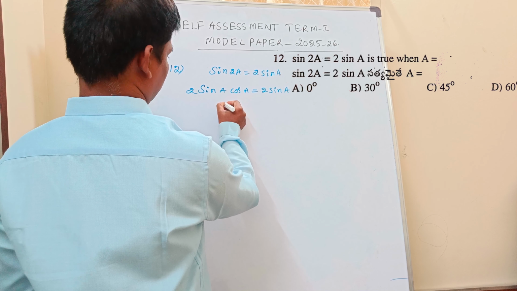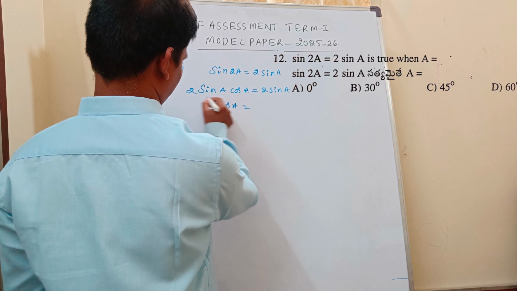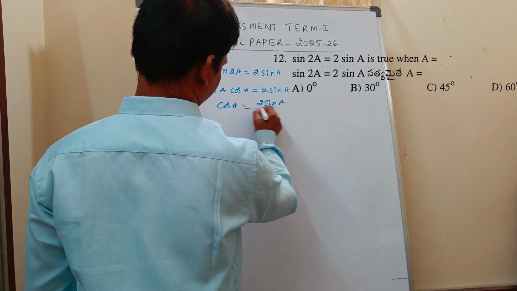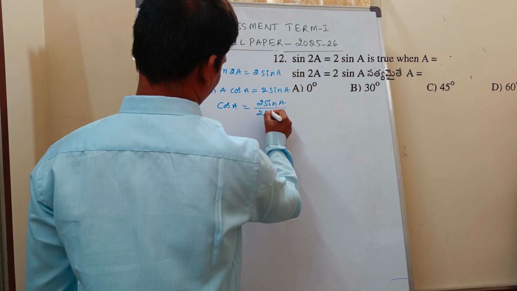So here 2 sin A cos A equals 2 sin A, transposing 2 sin A to this side, 2 sin A by 2 sin A cancels. So cos A is equal to 1.